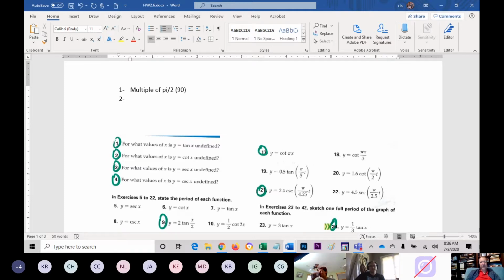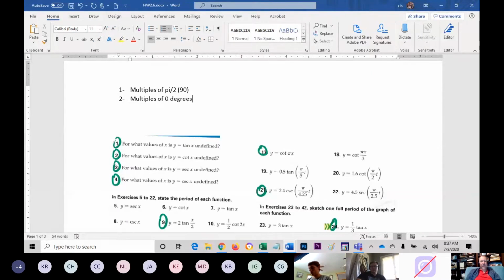Who remembers that? Because we just looked at the chart. In fact, I even said it. 0. Multiples of 0 degrees.